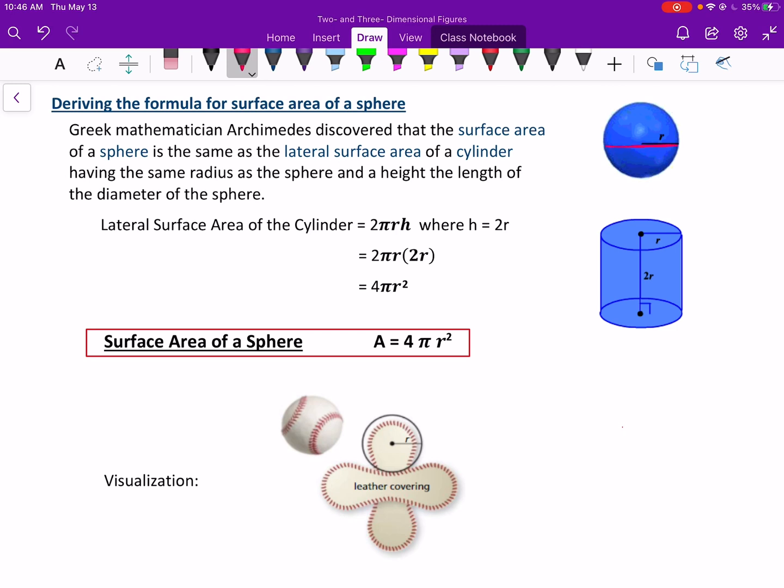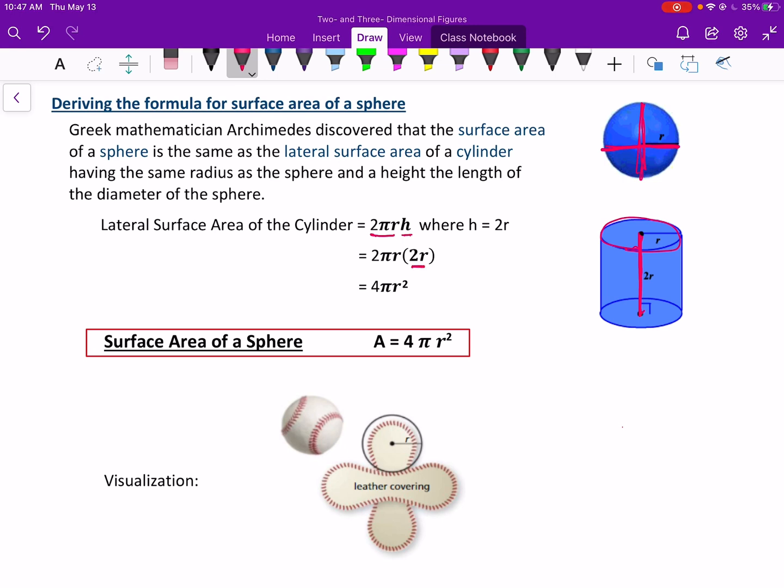The diameter of the sphere would be 2r. The height of the cylinder is 2r. So they have a little matching: same radius and dimension across. Here's the diameter going up and down, exactly the same as this one. The lateral surface of a cylinder is found by taking the distance around the circle times the height, and the height in our case is 2r.